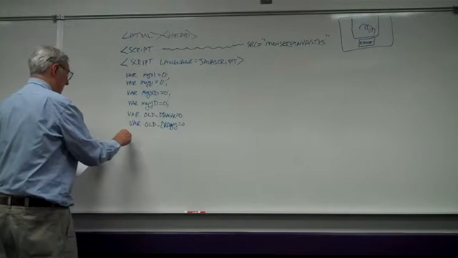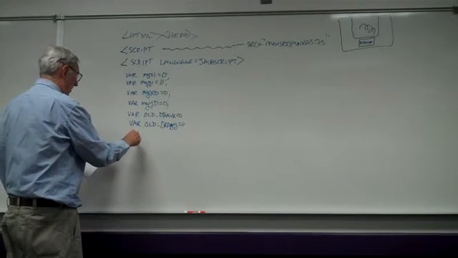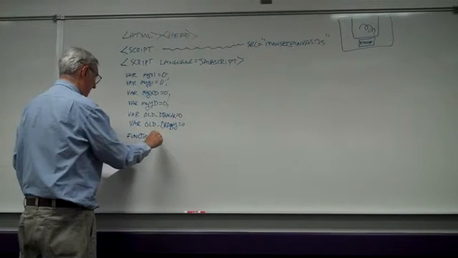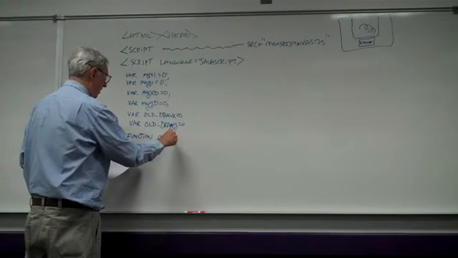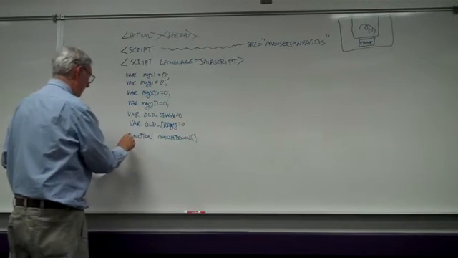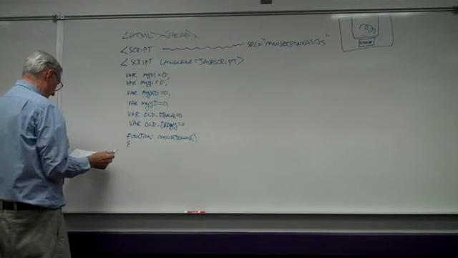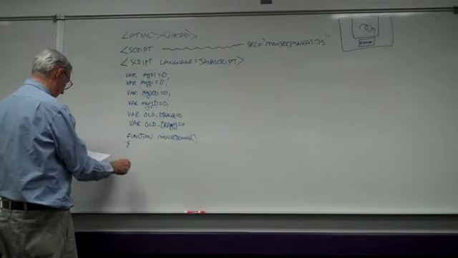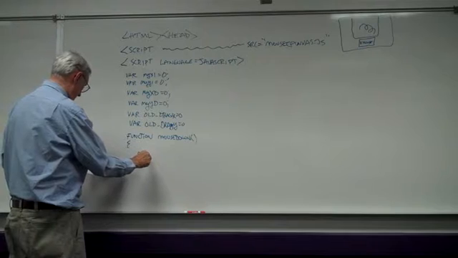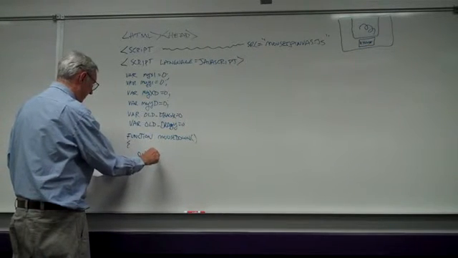First of all, you've got function mouseDown. And what you do is you say oldDragX equals mouseX1 and oldDragY equals mouseY1.